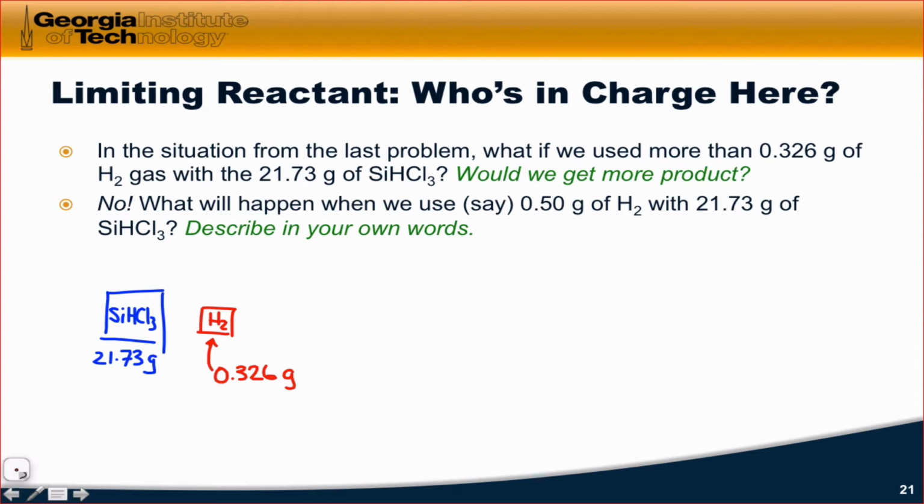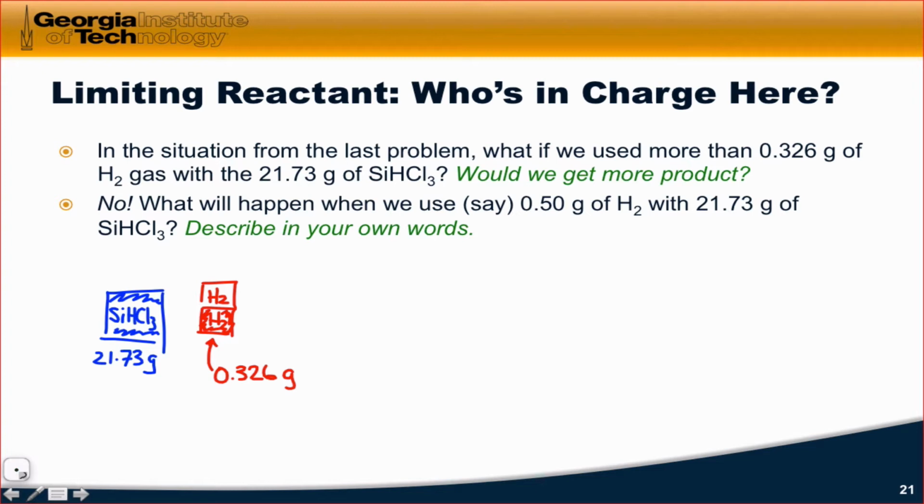If we tack on an additional, say, 0.174 grams of H2 onto the original stoichiometric amount, well, the only things that are going to react are all of the SiHCl3, which I'll just highlight in blue, and the stoichiometric or corresponding amount of H2, which is only the portion that's 0.326 grams, right?